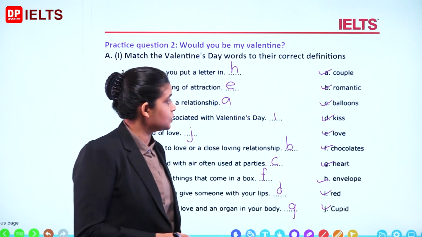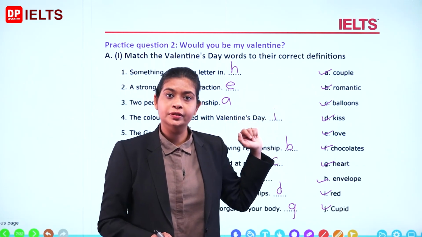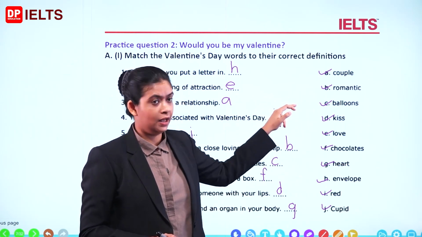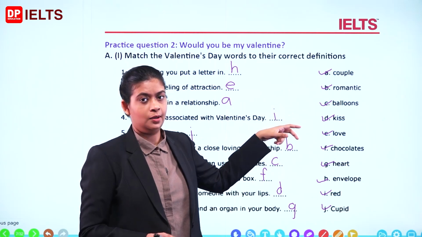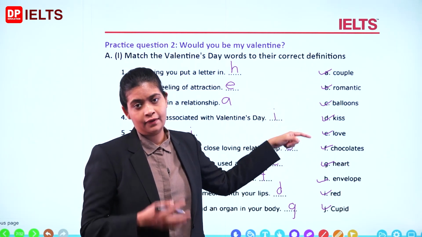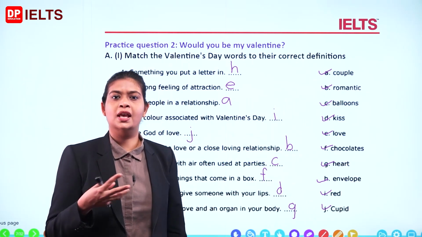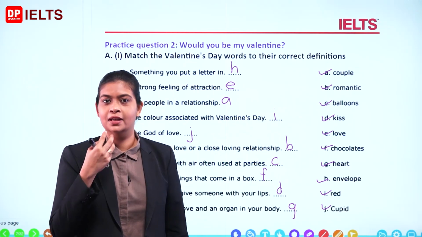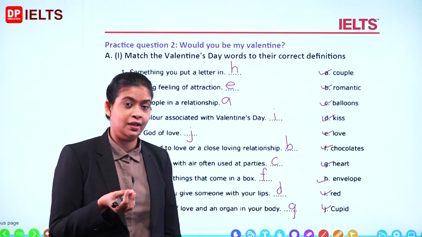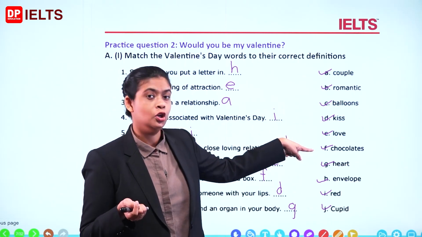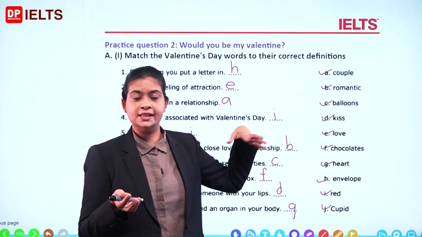Right? So this one is couple, romantic, balloons, kiss, love, okay? So if you say love, okay, that really spoils the whole idea of it, right? So හරියට එක කියන්න පුරුදු වෙන්න love, okay? Love, chocolates, chocolate නෙවෙයි, okay?